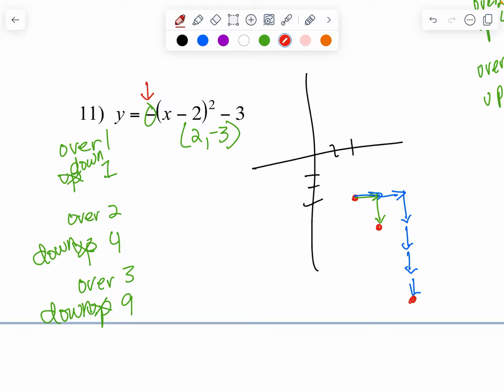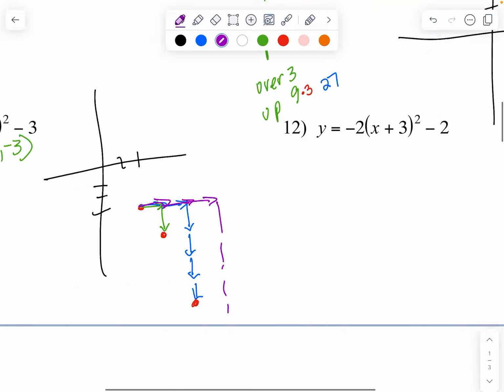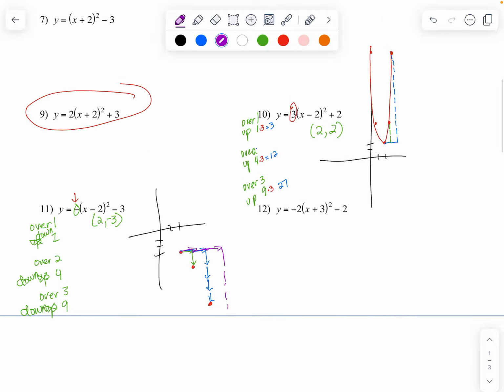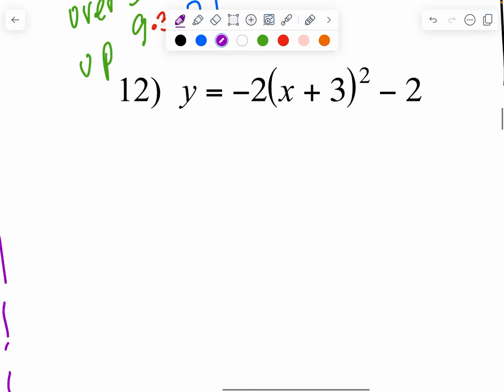And then over 3 and down 9. I'm not going to finish that. You can finish it. Make sure you draw it in. Make sure you do these on graph paper. I'm just kind of showing you a sketch, but I want you to do this on graph paper.